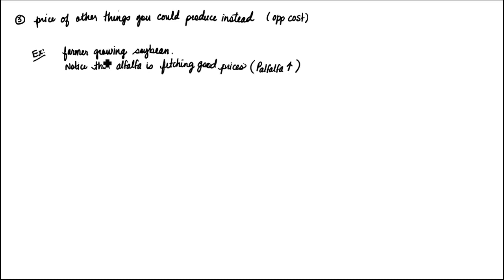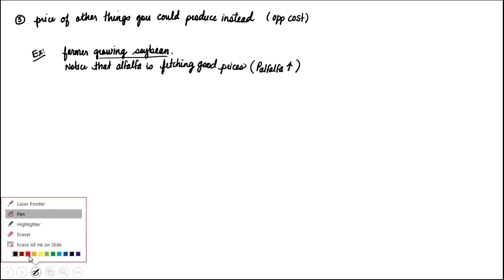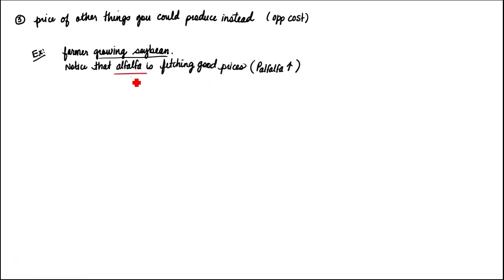Well, if you're growing soybean, then do you agree alfalfa is your opportunity cost, right? It's the thing you could produce, but you're not producing, so it's what you're giving up. So what happens as the price of alfalfa gets higher? Do you agree that maybe your opportunity cost is getting bigger? Right? You're giving up more and more money from the alfalfa you could be growing, but you're not.